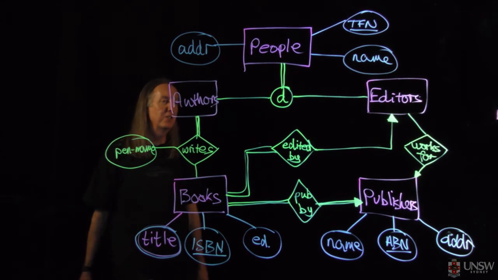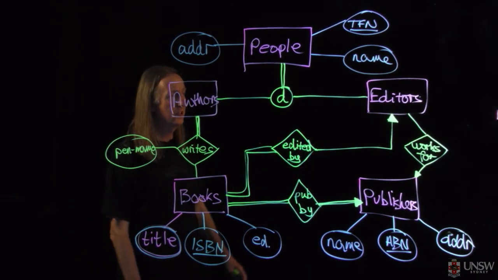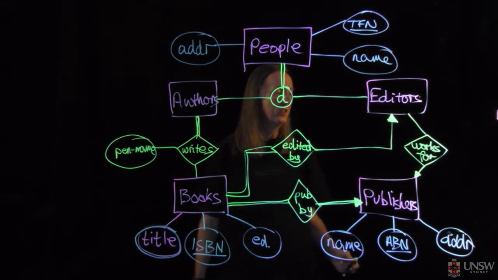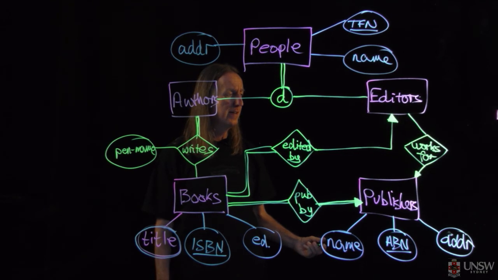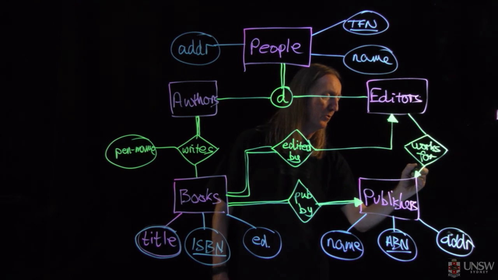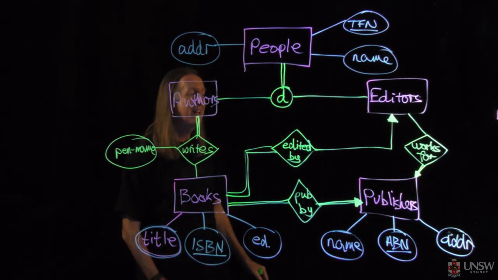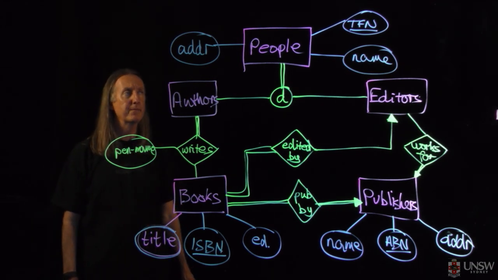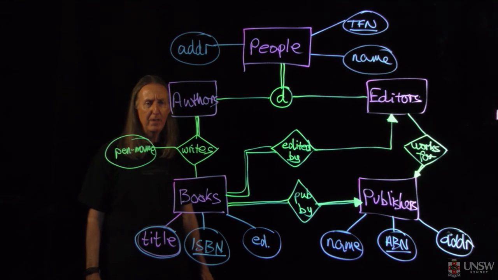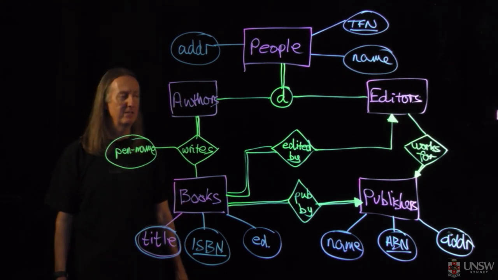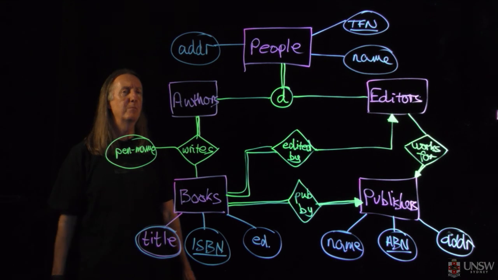I guess if there's an editor who's not editing any books, then maybe he or she's not working for a publisher, so we could leave that as not total participation. A publisher who didn't have any editors wouldn't be publishing any books, so we could insist that every publisher must have at least one editor working for them. And with all of that, I think we've pretty much satisfied all of the requirements in the spec. So there's our publisher schema.